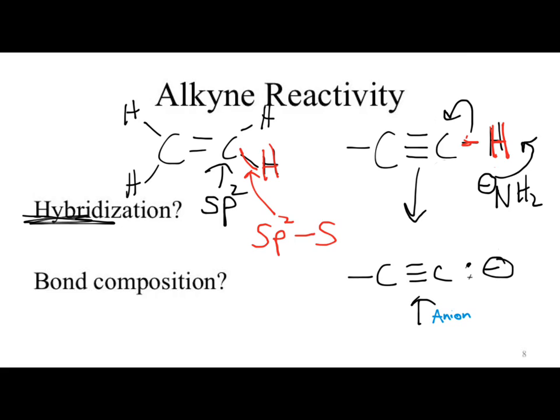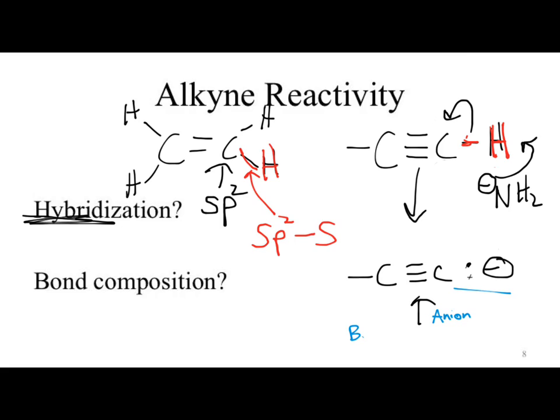What did we say sodium amide was? A base. Why did we say it was a base? The sodium dissociates and left a negative charge. What does this species have? Negative charge. What can this species act as?